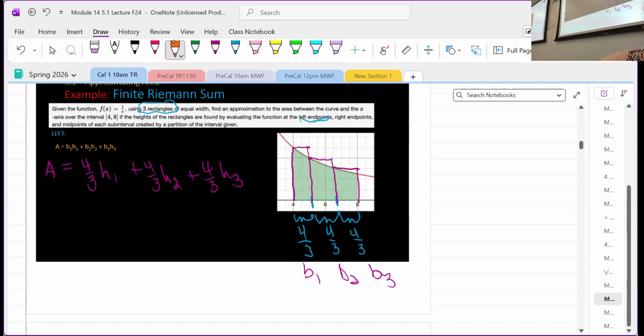Now the heights are the function values. So my first height is, I'm going to take 4 and plug it into the function. My next height, a little more annoying, but it's 4 plus 4/3. That would be the next x value.